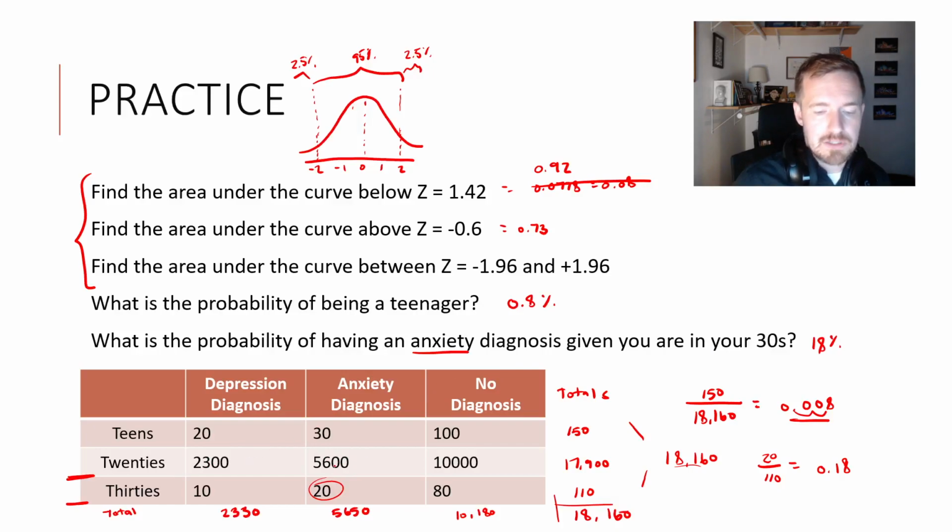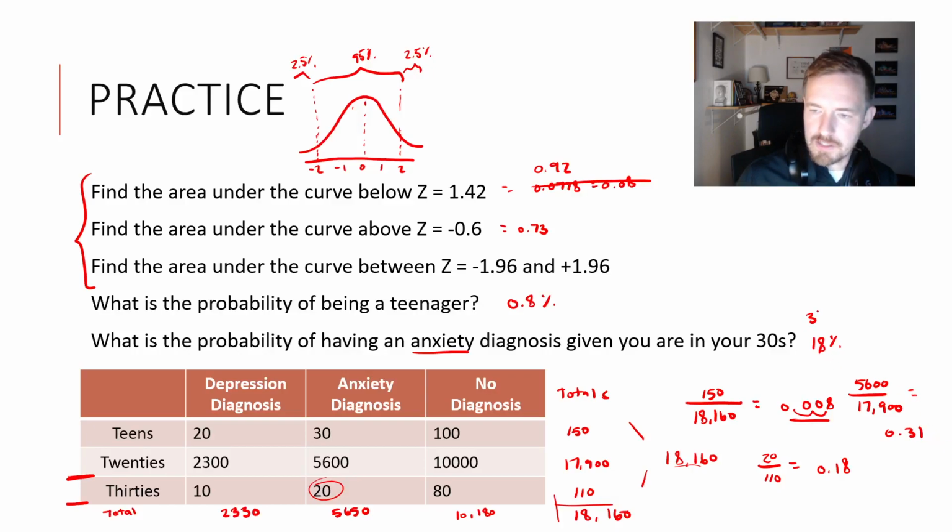To do that, I would divide 17,900 by 5,600. Or maybe the other way around. I should write that out. It's 5,600 divided by 17,900. And so when I do that, that gives me 0.31.